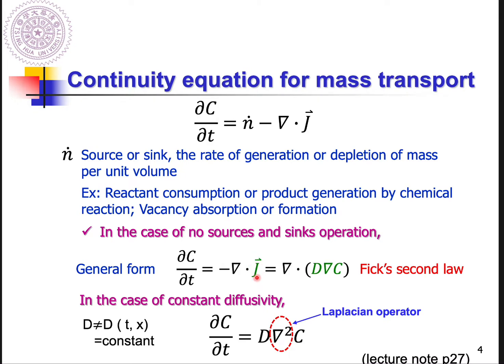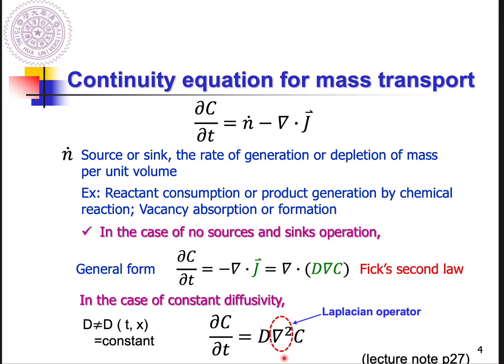And based on Fick's first law, you can convert this atomic flux as minus diffusivity times the concentration gradient. So now you get a diffusion equation, or some people call it Fick's second law. Then next we make the other assumption that the diffusivity is constant, so we can take the diffusivity out, and we got this diffusion equation.